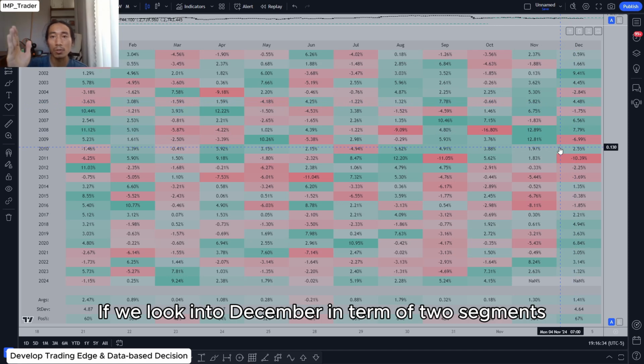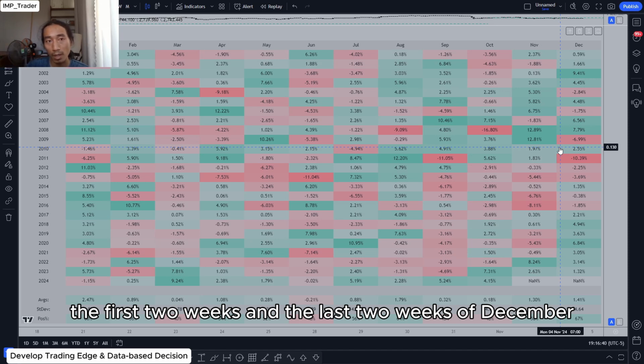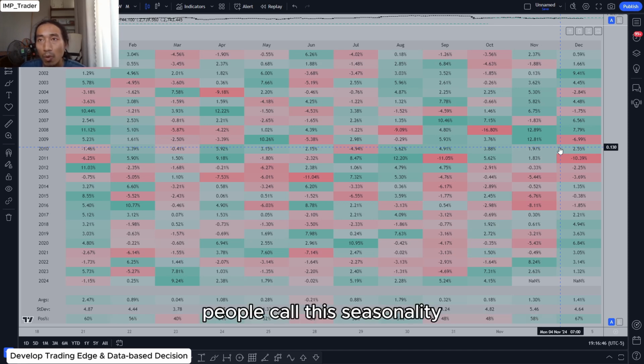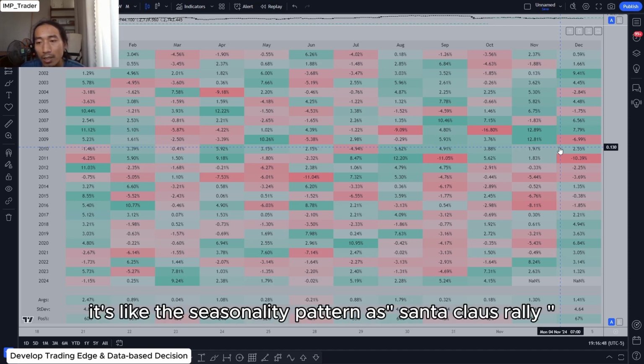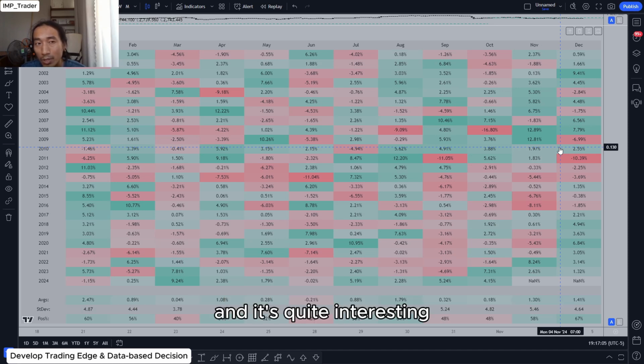If we look into December in terms of two segments, the first 2 weeks and the last 2 weeks, you're going to see that on the last 2 weeks, people call it the Santa Claus seasonality pattern, and it has a hit rate of more than 85%, which is quite interesting.